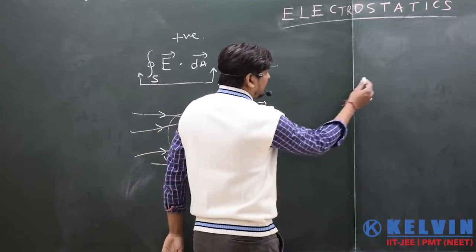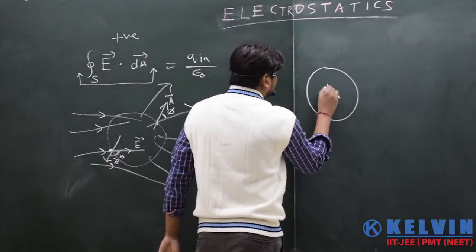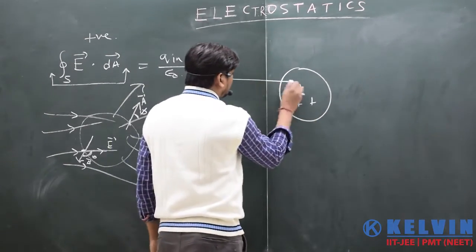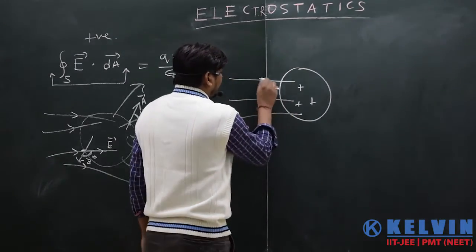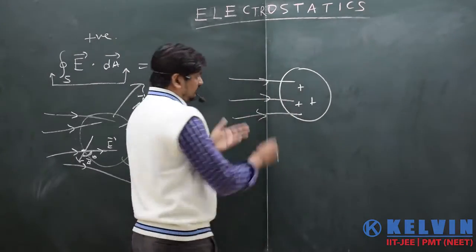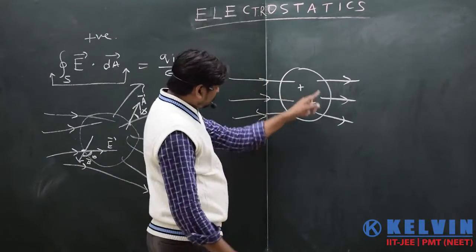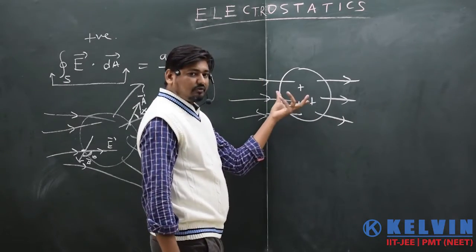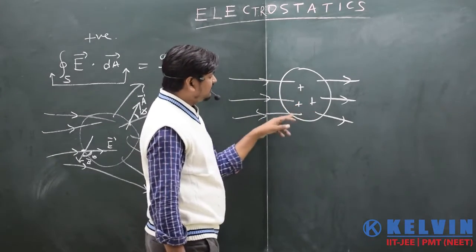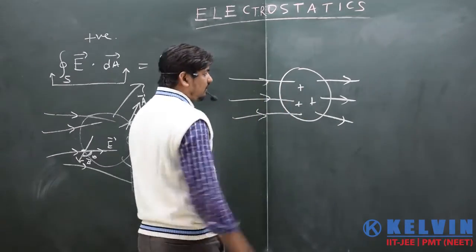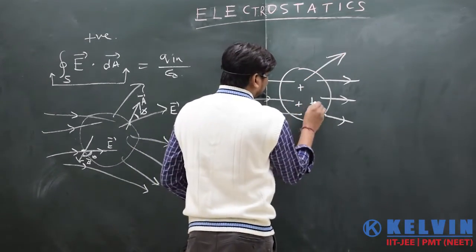And you can very easily understand, suppose there is a positive charge inside, right? So suppose 3 field lines are going inside the surface. Obviously these 3 will come out, but also the positive charge enclosed inside the surface will transmit some lines outward, which will be like this.